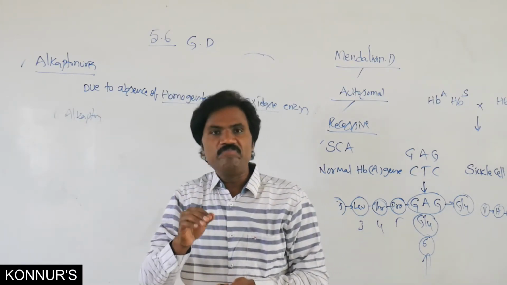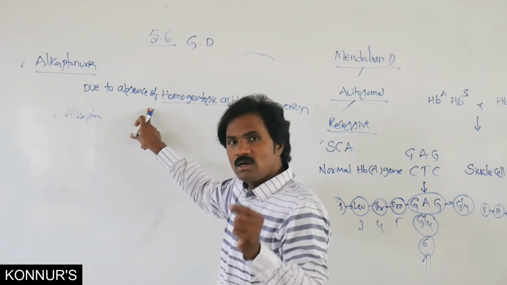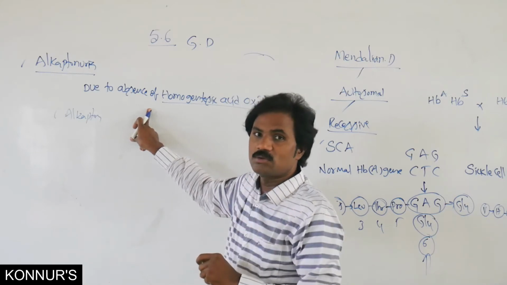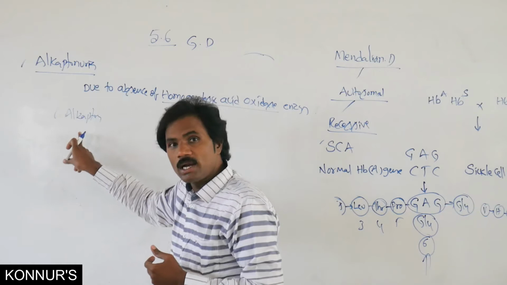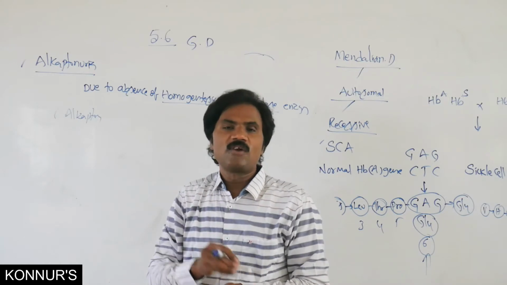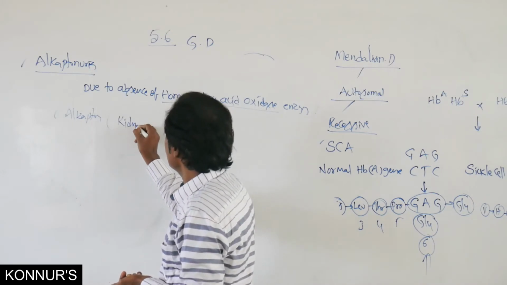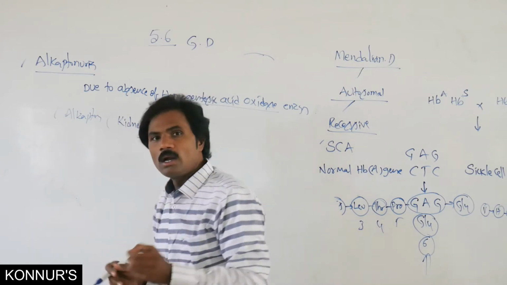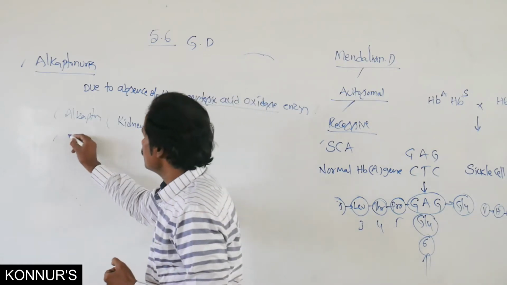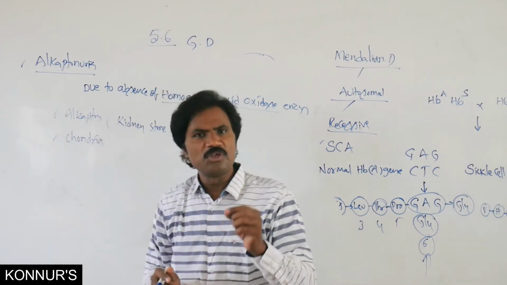Then alkapton is deposited. Normally this enzyme is secreted from the liver, and is also present in the kidneys, but majorly the liver. If alkapton is present inside the body, it is deposited in the kidneys and forms stone-like structures. Those particular crystals may form stone-like structures, as well as in the chondral region, that means in bone.